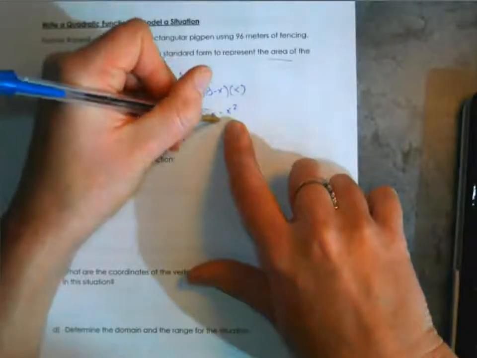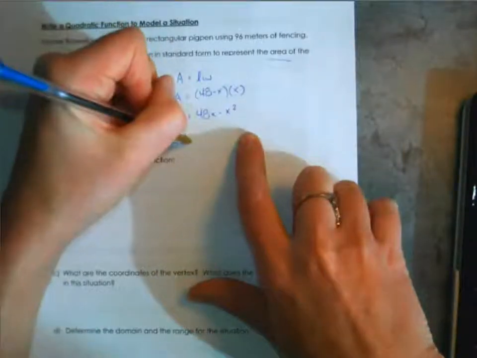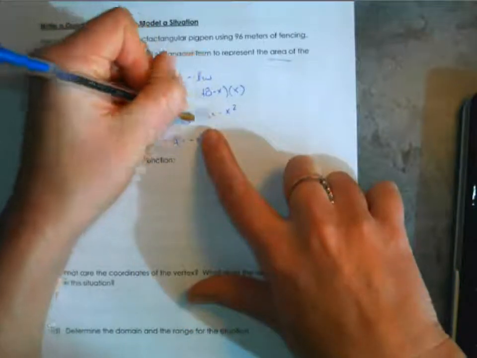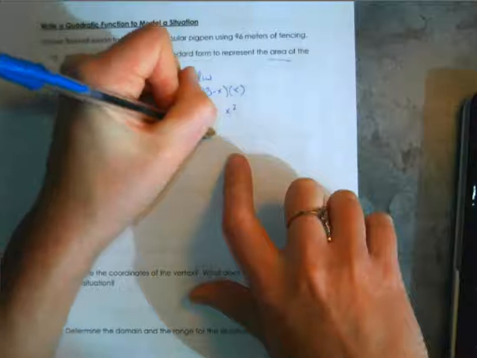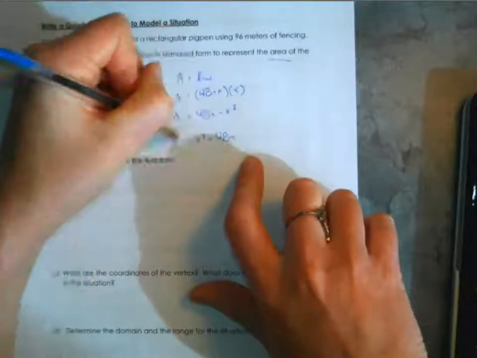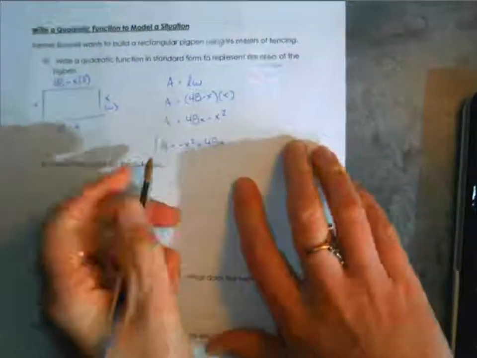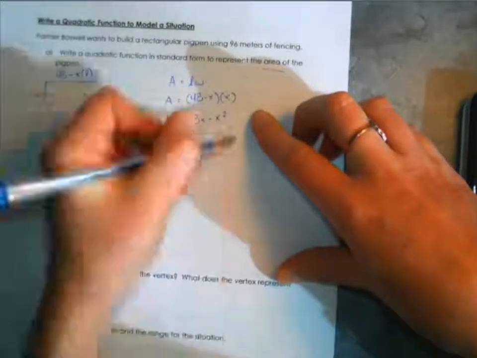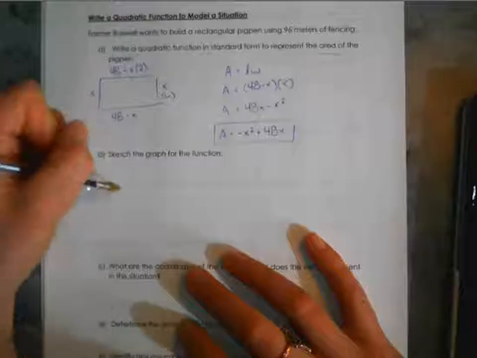So the negative has to stay together with our x squared, so negative x squared. And then this is positive 48x, so we're going to do plus 48x. Okay, so just always remember to keep your negatives together with the thing that comes right after it, even if you move them around in the equation. So there's our standard form of this.